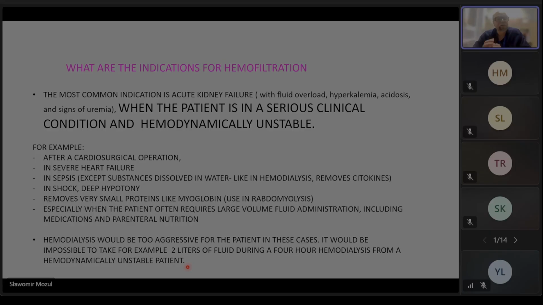In these cases, hemodialysis would be too aggressive for the patients. It would be impossible to take, for example, 2 liters of fluid during a 4-hour hemodialysis from a hemodynamically unstable patient.